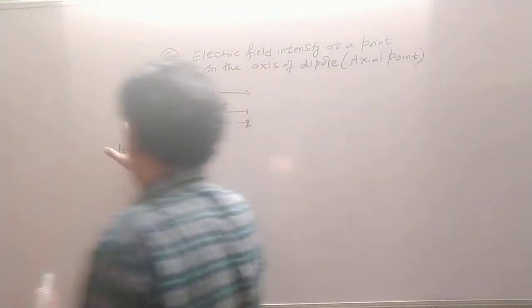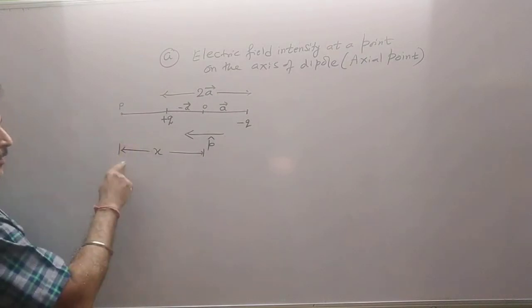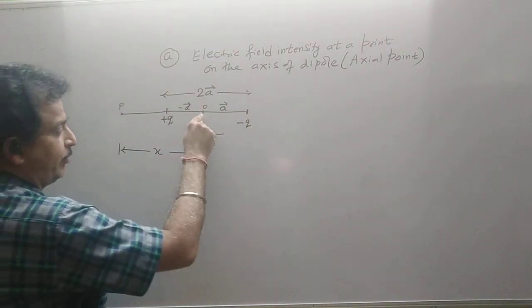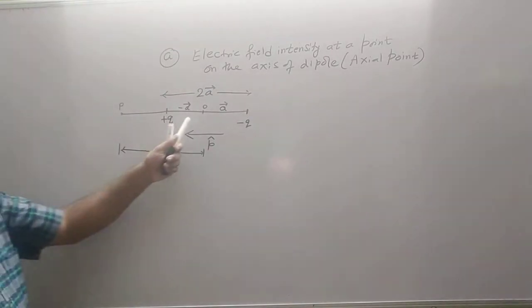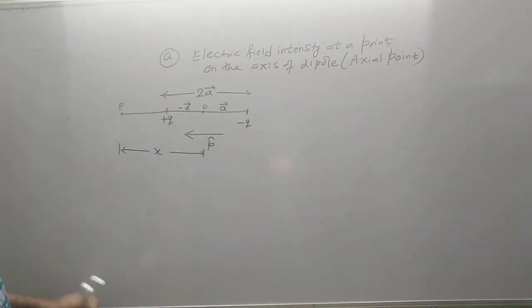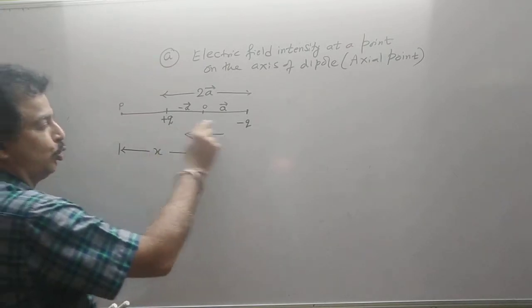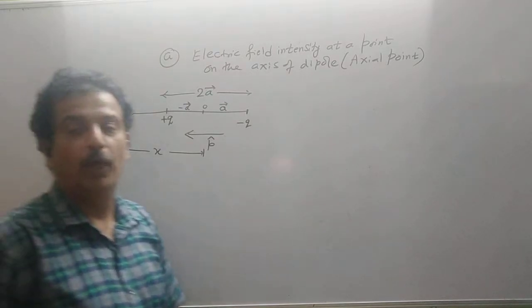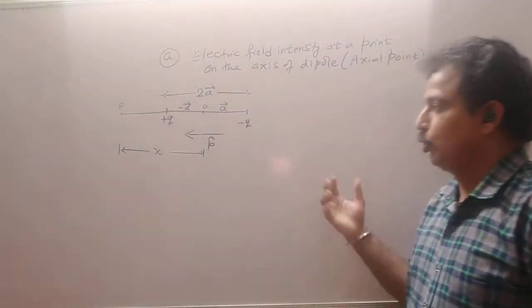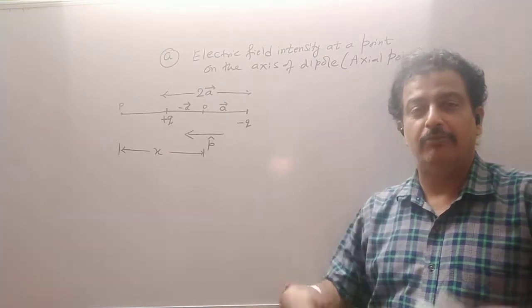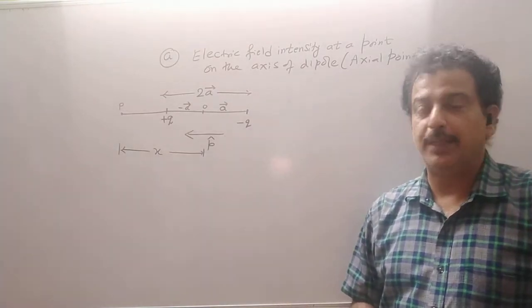So I have considered point P here. Let the distance of point P be x from the center of the dipole, and this center is also the origin. Now there are two sources, so you will find the electric field intensity at point P due to plus q charge and due to minus q charge, and then we apply the superposition principle.